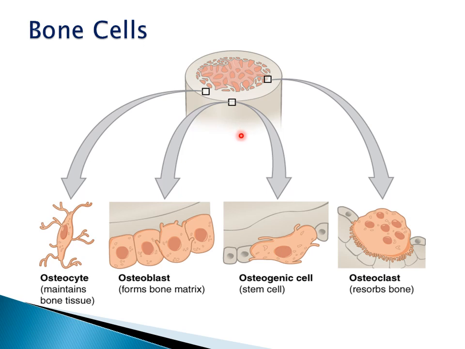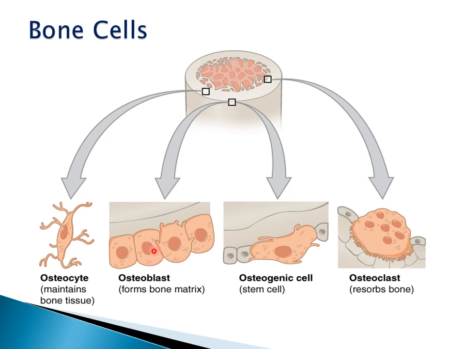The bone cells are different types of the cells, and their location is also different. The osteoprogenitor cells or the osteogenic cells are the stem cells for the bone. They are derived from the mesenchyme and they are present just near the periosteum, and these are responsible for the formation of the osteoblast cells. These osteoblast cells are the immature cells, they are the bone forming cells.